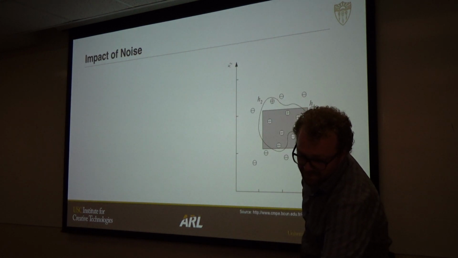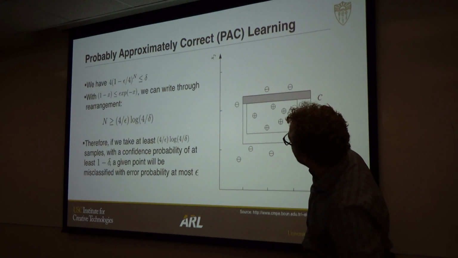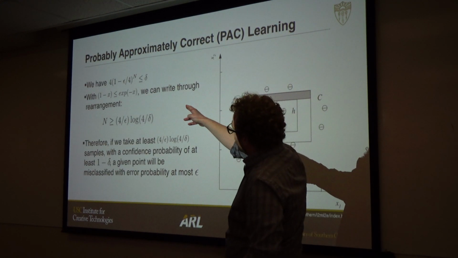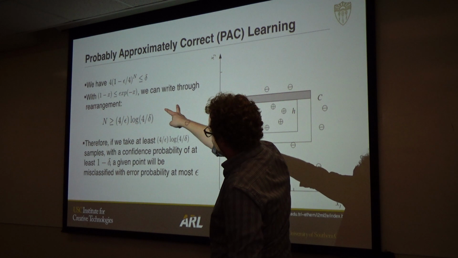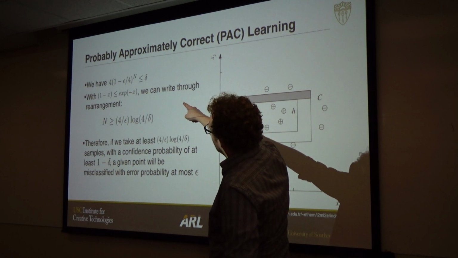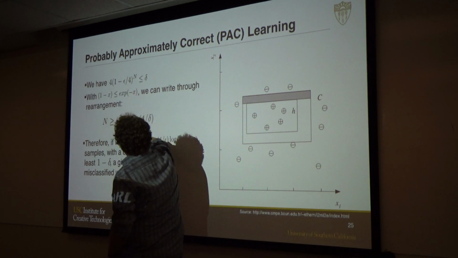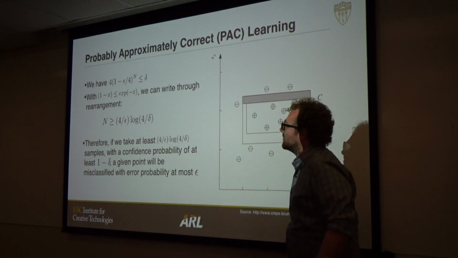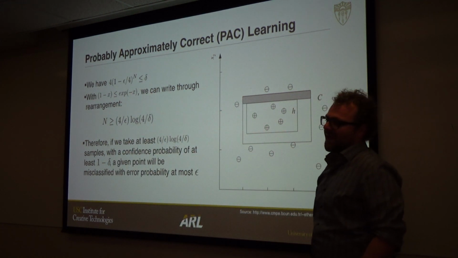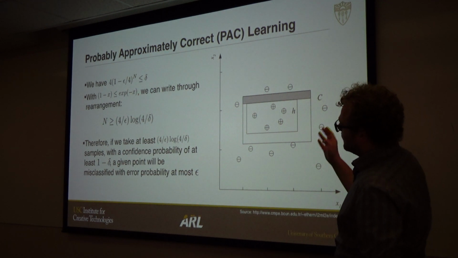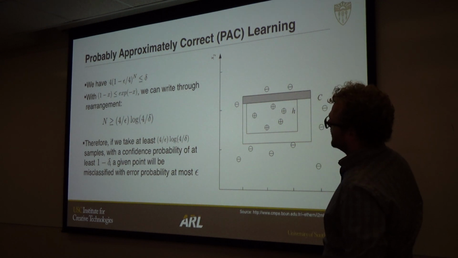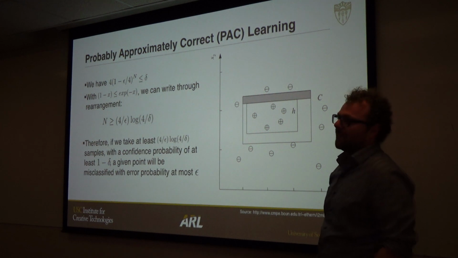So then we have that this probability should be smaller or equal to delta, and with this inequality, we can conclude that we need n greater or equal to 4 divided by epsilon times log of 4 divided by delta as our number of samples.